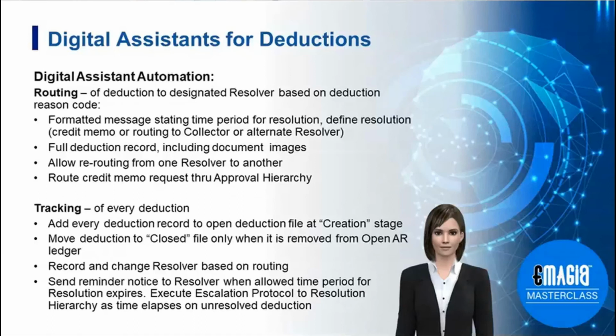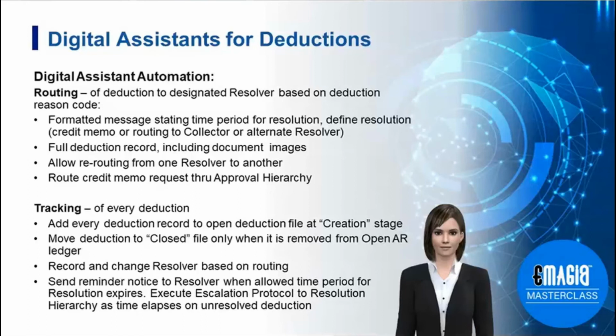On the routing, just a little more detail here. Obviously, you can customize the message and say, it's our company standard that you will resolve this deduction in 5 business days, supply full information, allow rerouting from one resolver to another, and actually route the credit memo request through the approval hierarchy.